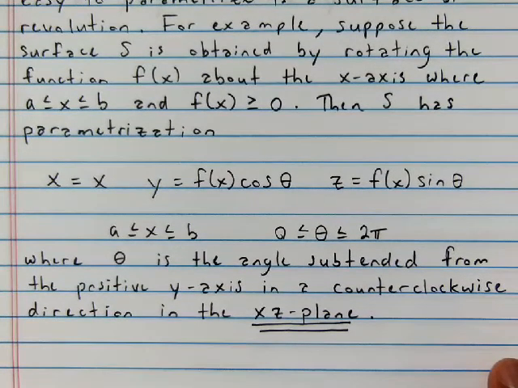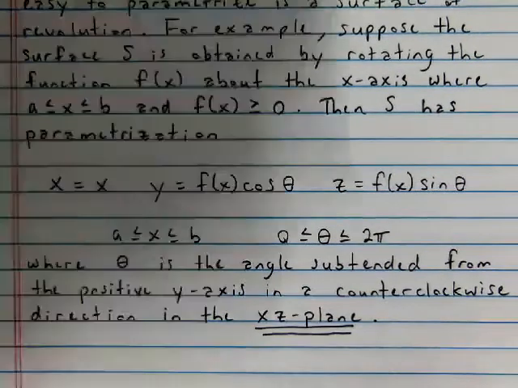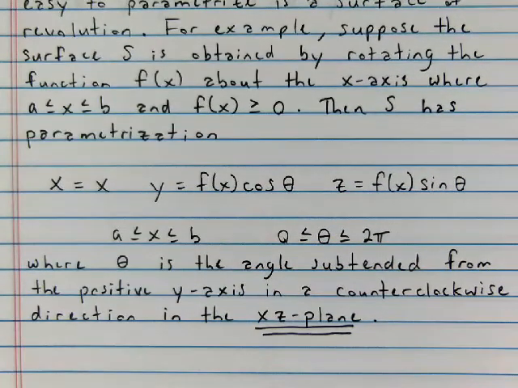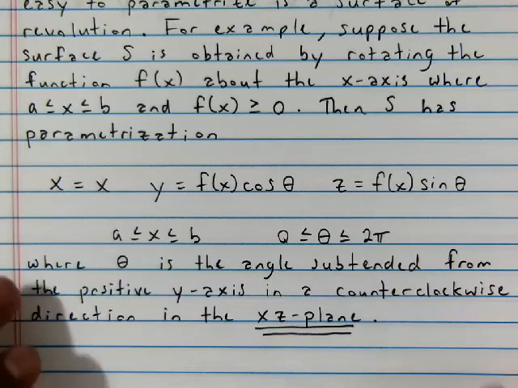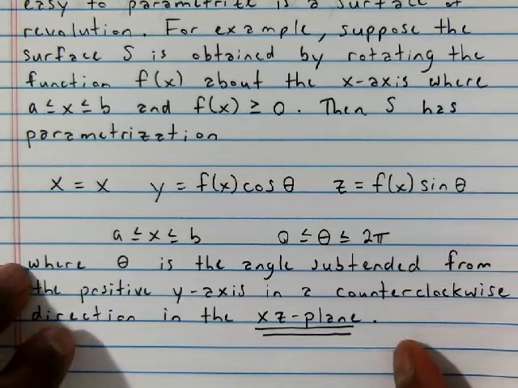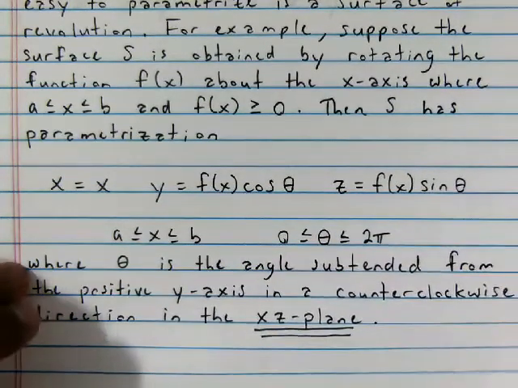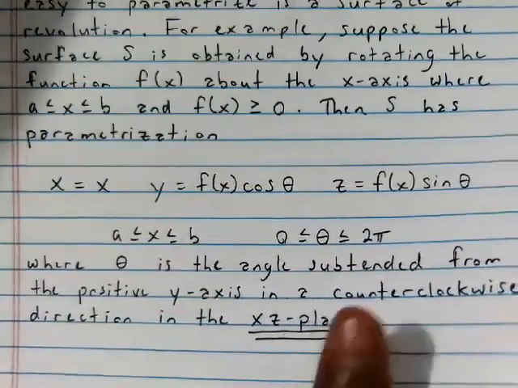So now let's look at an example using this parametrization. We're going to do number 10. In exercises 5 through 10, find a parametrization of the surface sigma.